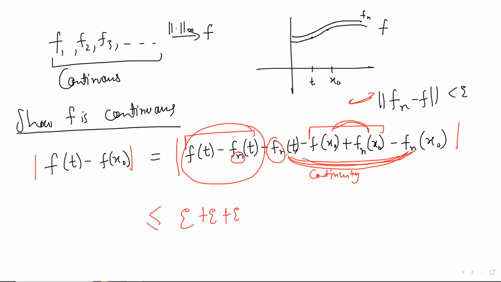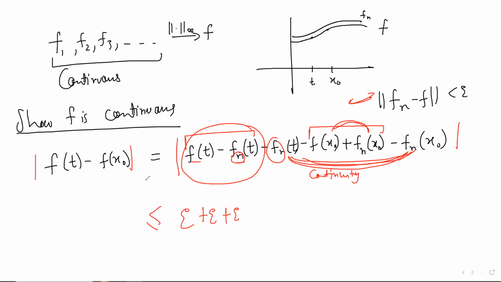But you will get a delta for the epsilon finally, and that will just depend on epsilon. I mean, it will depend on the fn, but in the end, you get a delta for which this happens, so that for all t with |t minus x naught| less than delta, f is basically getting replaced by fn. That's the thing.